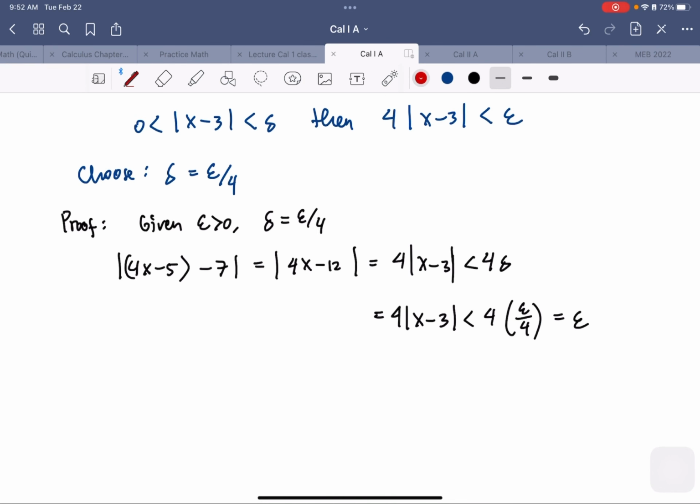Thus, it's proven that we get the same epsilon as we mentioned at the beginning.